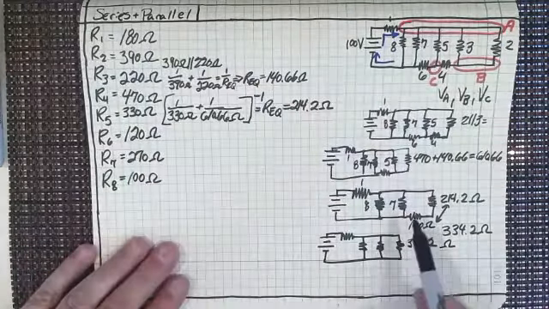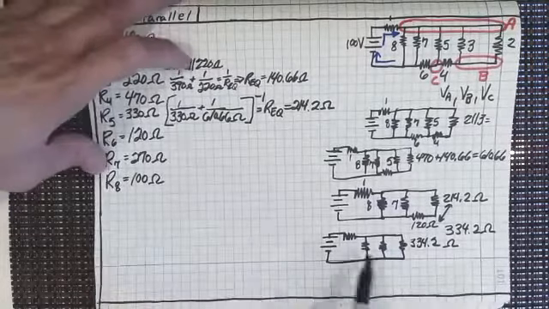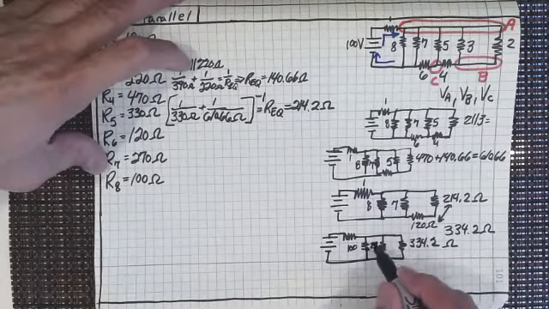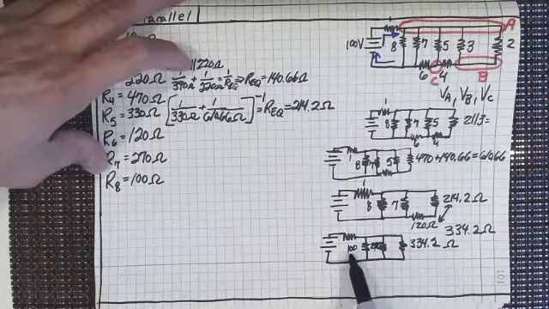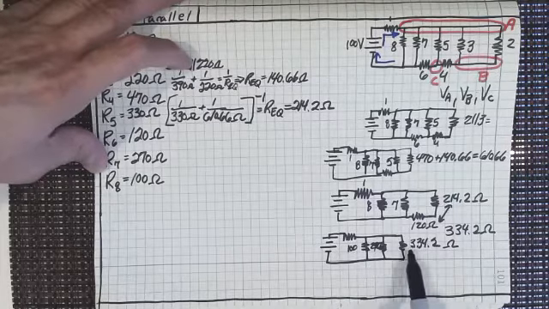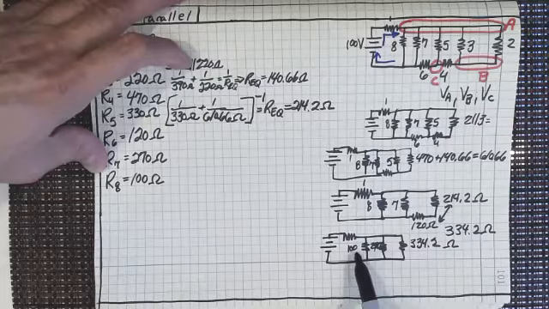And then the two that are next to it, number 7 and number 8, are 270 and 100 respectively. I'll write the 100 in, and I'll try to write the 270 in. So that's what we've got now. Now we've got 3 in parallel, and I see that the smallest one is 100. So I know that when I do these 3 in parallel, it's going to be less than 100, isn't it? So let's just see what that is.